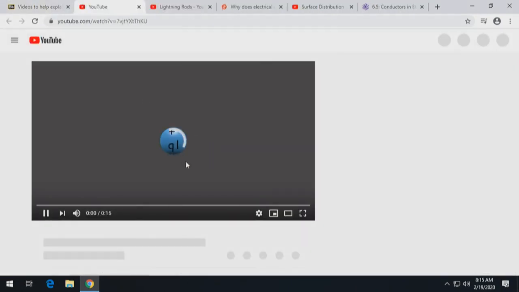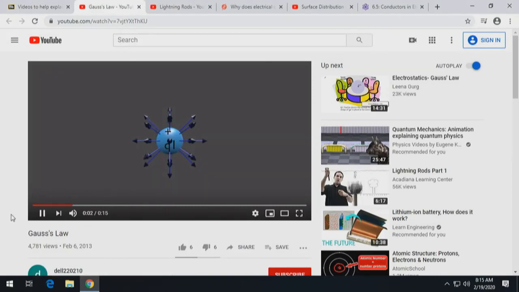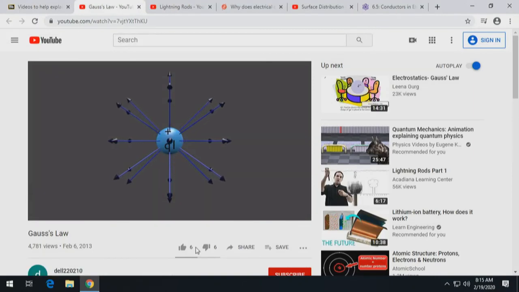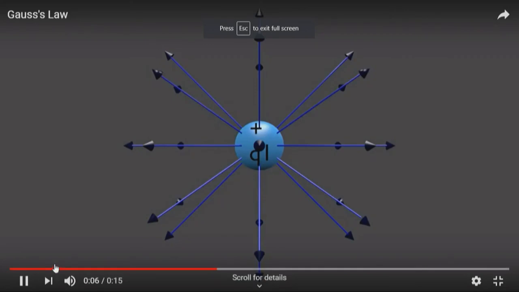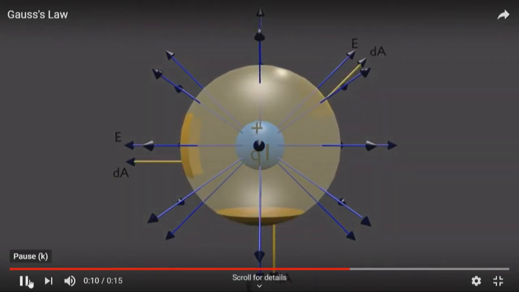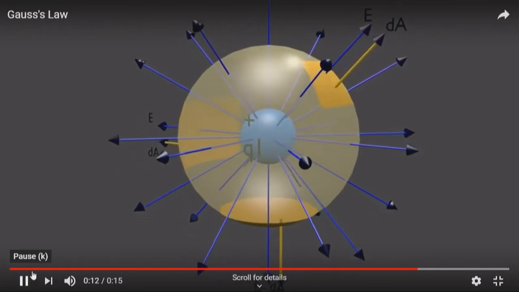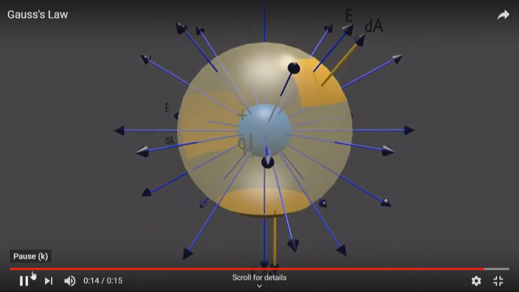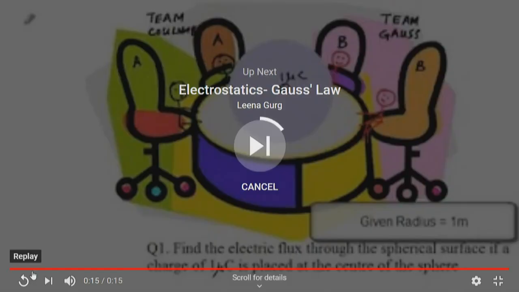If we look at Gauss's law, you can actually see the flux lines. Again, this one doesn't have any sound. But you can see how the flux lines are changing as we move away from the surface charge.